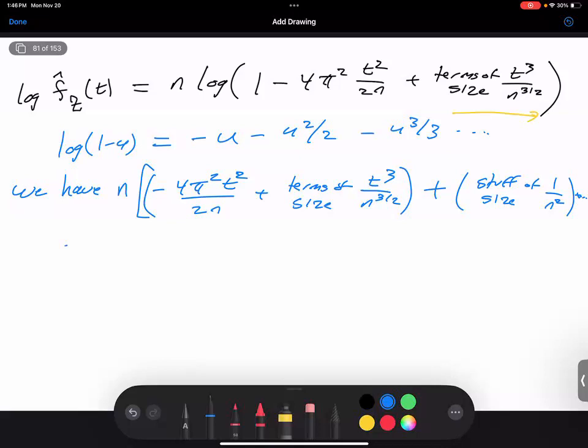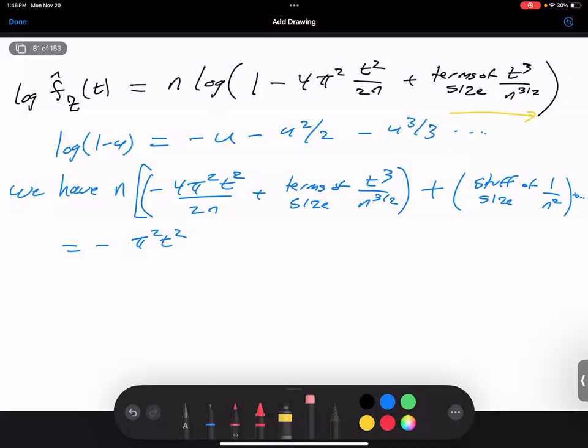So when I multiply through by n, I'm going to get negative 4 pi squared t squared over 2. Okay, so that 4 becomes a 2, right? And then I'm going to have something of size t cubed over square root of n, plus something of size 1 over n, plus dot dot dot.